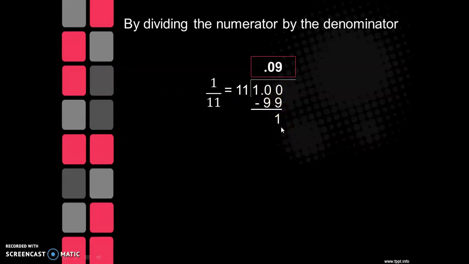Now, what happens here is the same, it repeats again, because our answer is a repeating and non-terminating decimal. Same as our previous examples. So, we can stop at 1, and then our answer is 0.09, or we can say it's 9 hundredths.